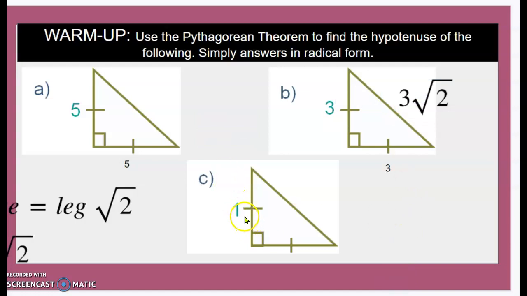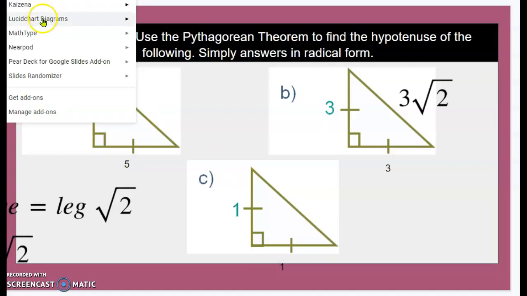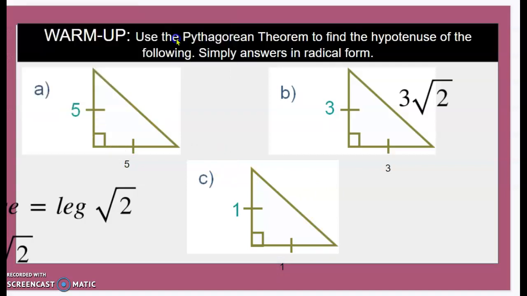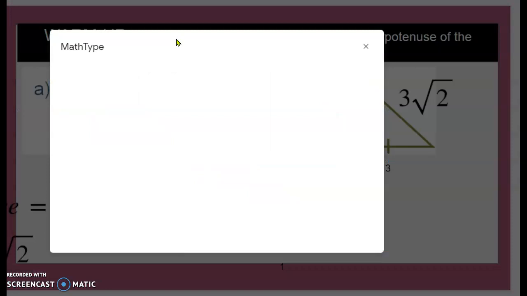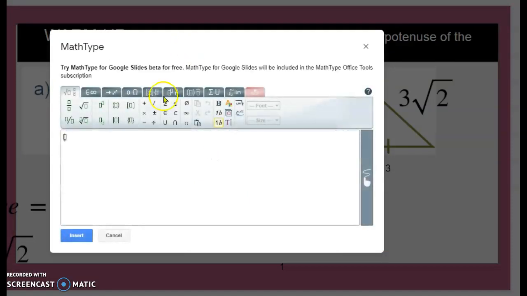What about C? Once again, we have the two markings. So the other leg is also 1, which tells us what? That the hypotenuse is whatever the leg is times the square root of 2.